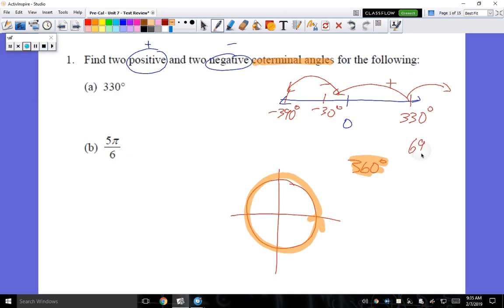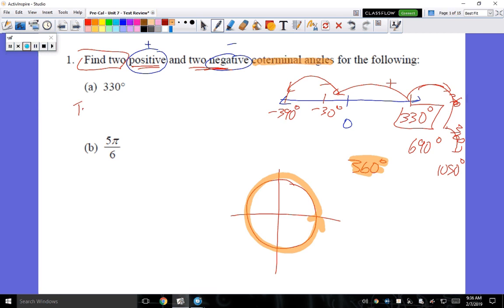And it wants us to find just two positive and two negative. So you can use as far as 330, but you can't say that it's coterminal with itself. Thus, that's why we jump one full jump of 360 in order to get 690, and another jump of 360 in order to get 1050.